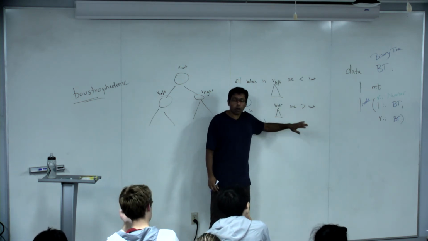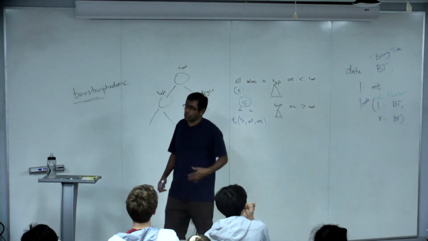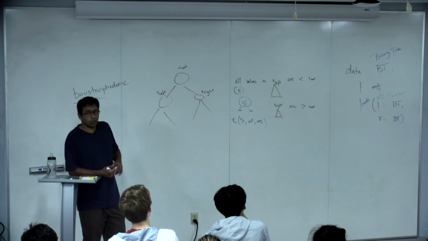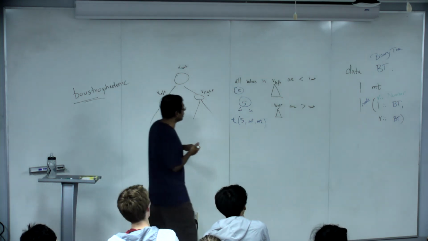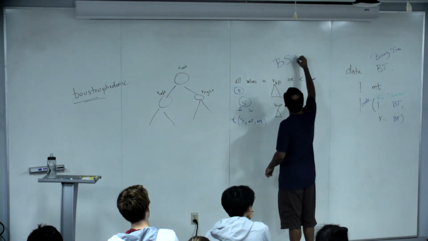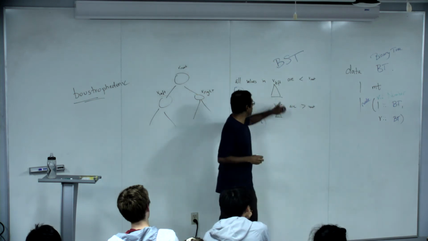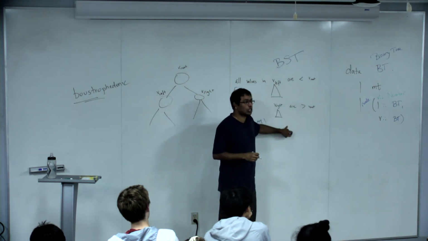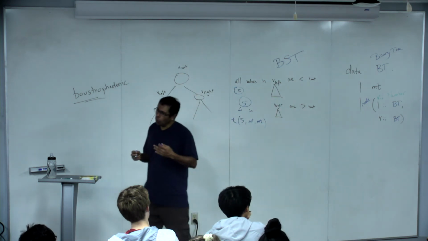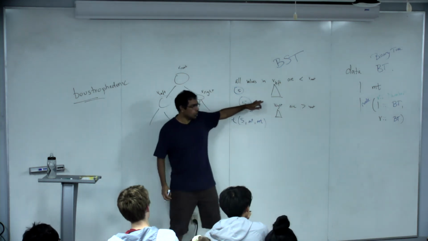So, how can we change our data type to actually reflect that? Is there something we can do to change our data type to reflect the fact that we have something called a binary search tree? A binary search tree is one where this property holds.